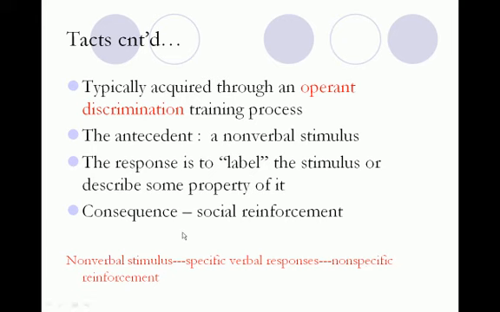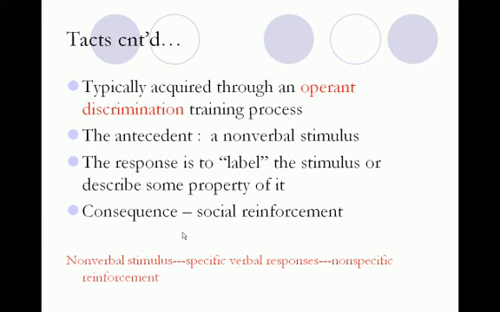The antecedent is a nonverbal stimulus, like just the item being present in the environment. The response is to actually label the stimulus or describe some property of it, like big, small. And the consequence, again, is social reinforcement. Okay, so some nonverbal stimulus, some item in the environment, a specific verbal response, airplane, if you think about your toddler, and non-specific reinforcement. Good, Charlie, that is an airplane.